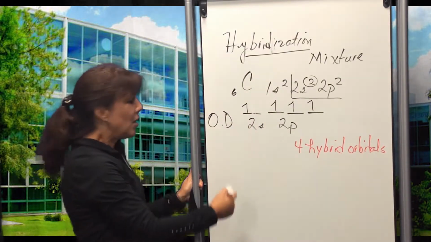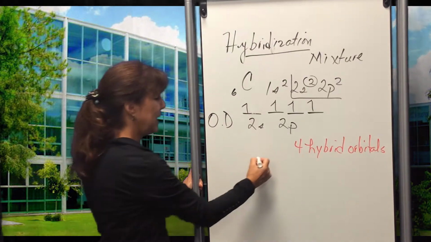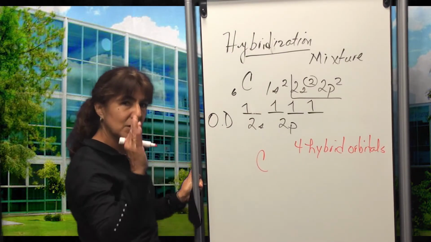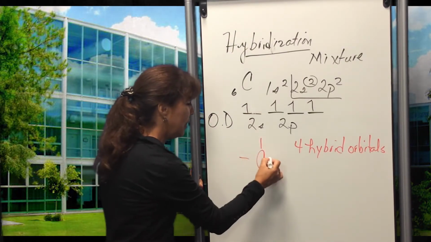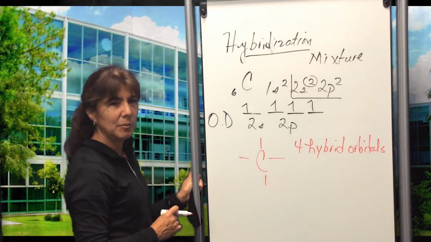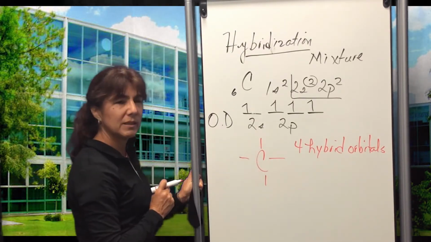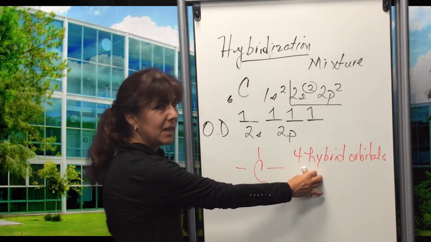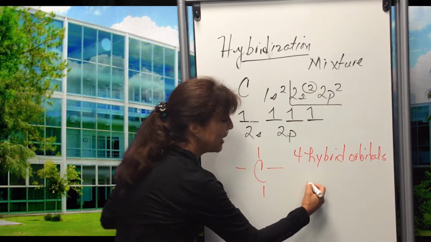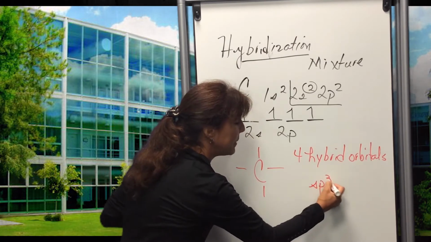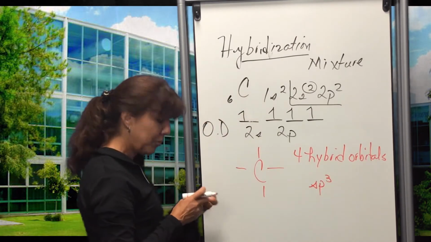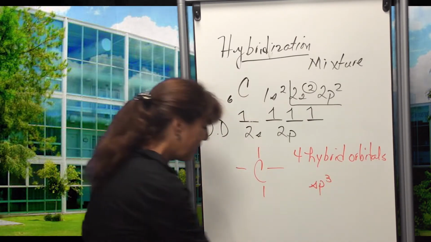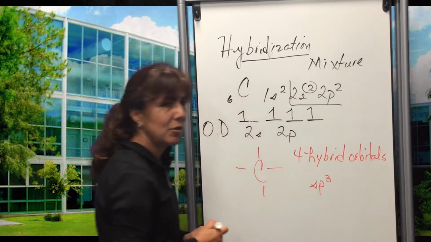Having done this, we can now explain how the carbon atom is really forming 4 different single bonds, all of them with the same energy. These 4 hybrid orbitals are what we refer to as the sp3 hybridization. Why the name sp3?